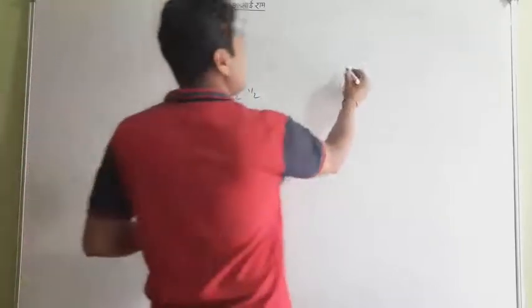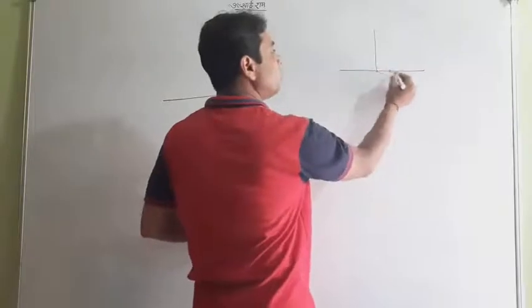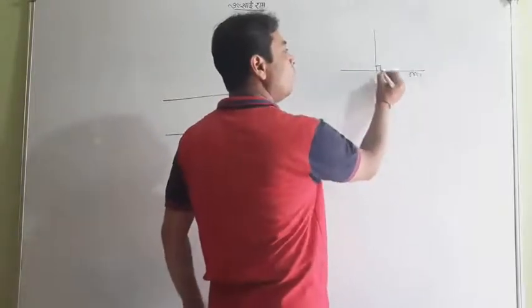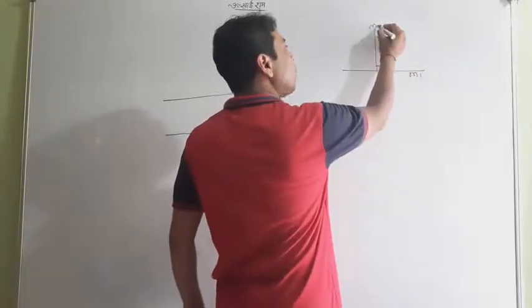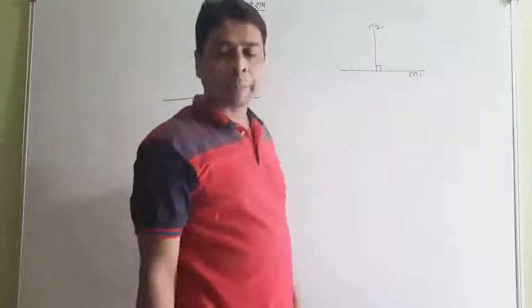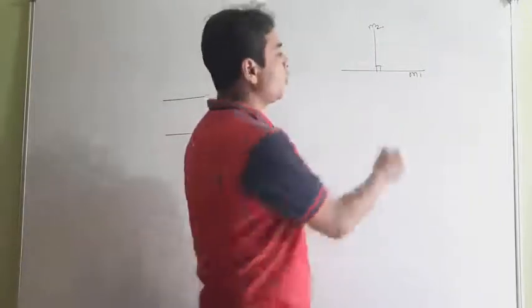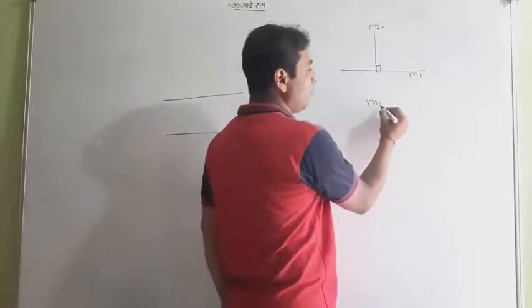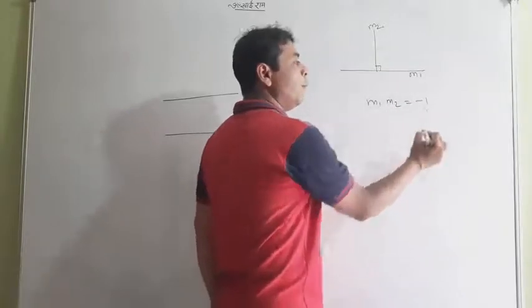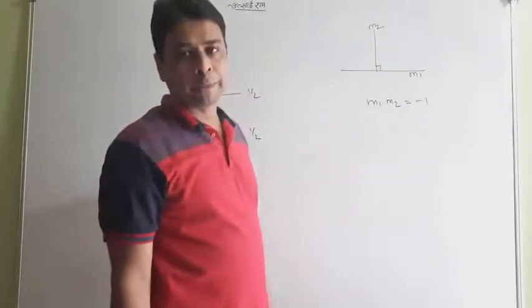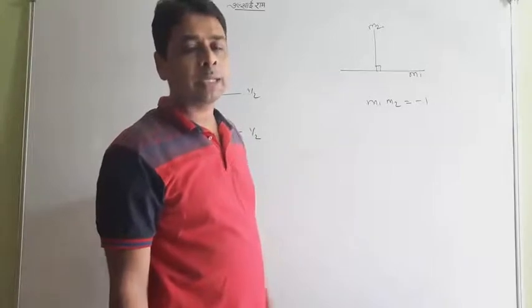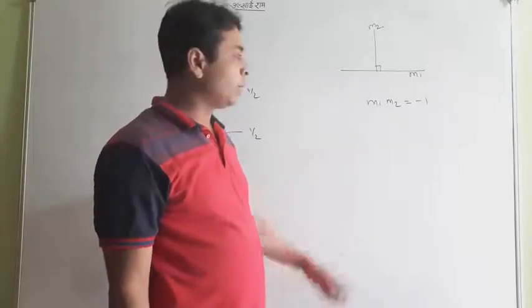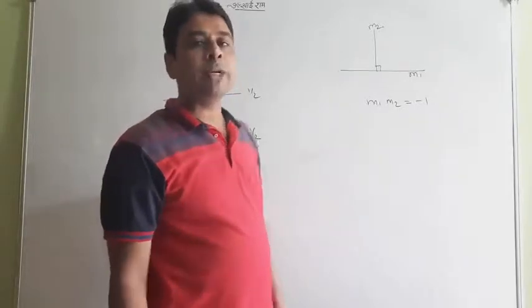And when lines are perpendicular, it is a very good concept. Suppose the slope of the first line is m1 and the slope of the second line, which is perpendicular to it, is m2. One should know that when these two lines are perpendicular, m1 times m2 is equal to -1. That is the concept you studied in class 11th. This is a very fundamental concept.